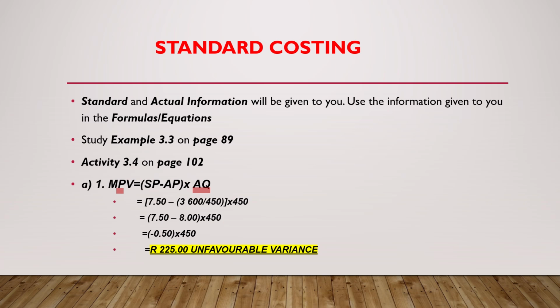So let's quickly go to that activity. You are given standard information. Remember, we are talking about material, so your concentration will be material, not labor, not overheads, only material. Under standard information, let's look for the standard price.